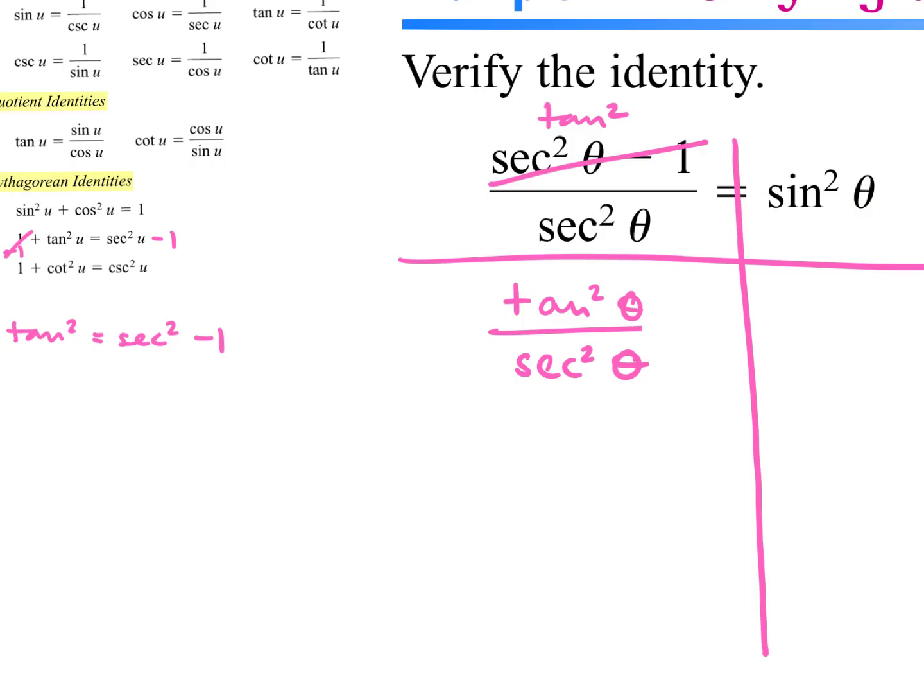Now tangent squared over secant squared still doesn't equal sine squared. They're not the same yet. What else could I do to simplify? Perfect. I can change everything to be in terms of sine and cosine, so I can make tangent squared sine squared over cosine squared over 1 over cosine squared.